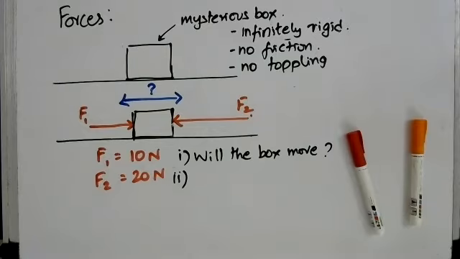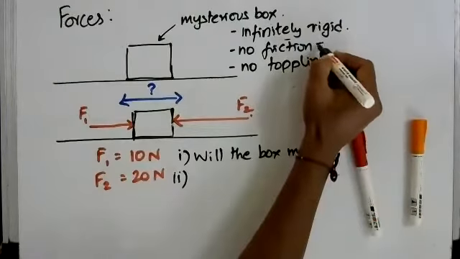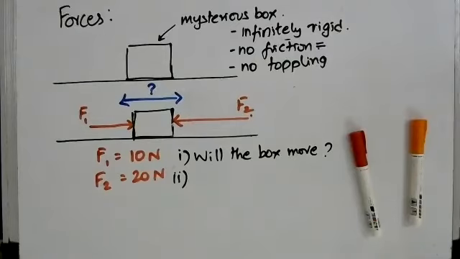But I also said that it does not have any friction. So if something does not have any friction with the floor, then shouldn't it move when you give it a push? Yeah. Okay, so therefore it will move. Is it clear or not?